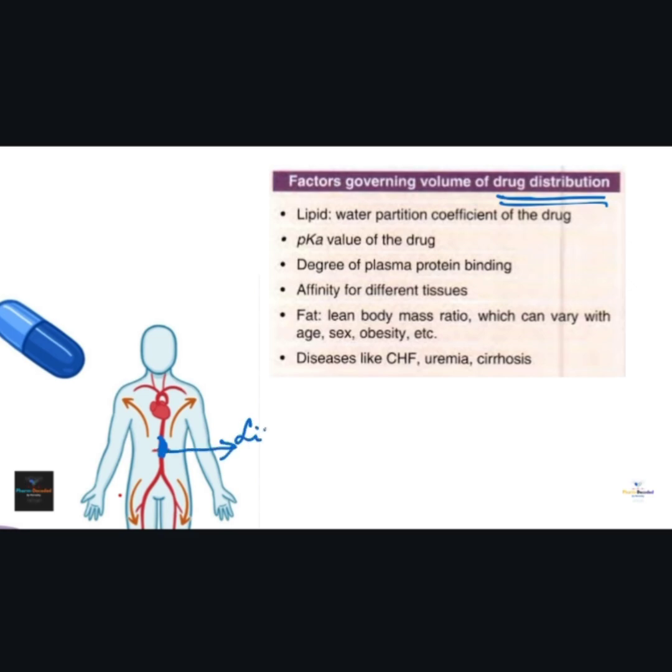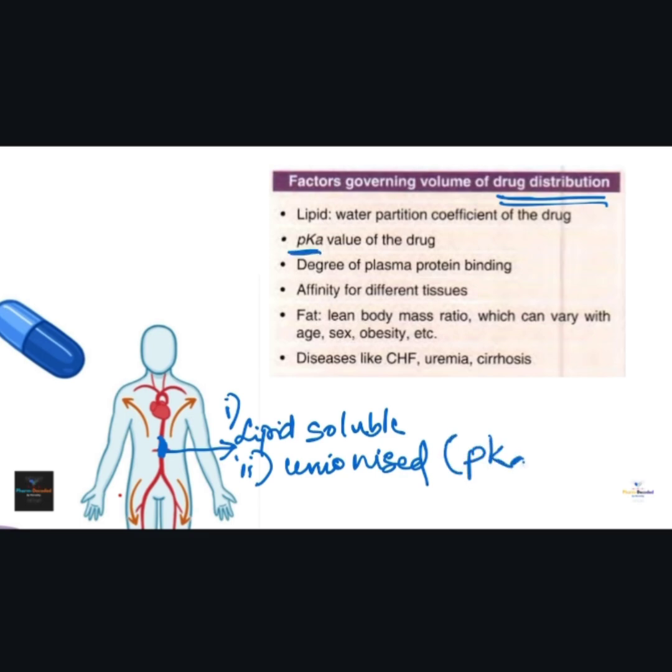The first is lipid solubility. Only lipid soluble drugs can pass through this barrier, and second, only unionized drug can cross this barrier. So it depends upon pKa, that is ionization constant.